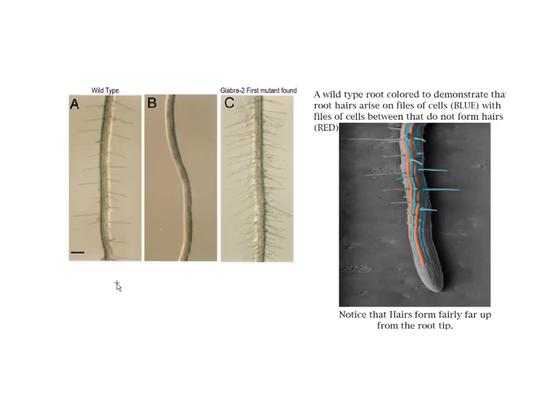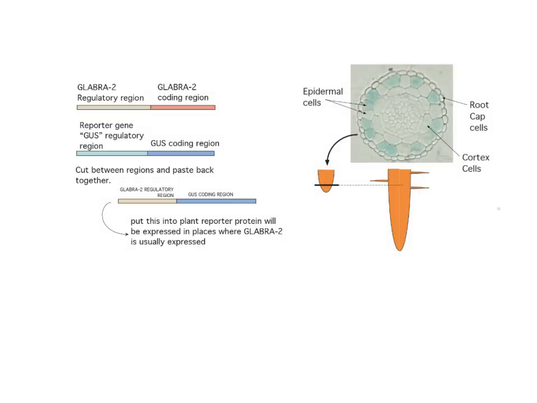So why would some cells on the epidermis form hairs and others not? Well, differential gene expression. But what causes that differential gene expression? Let's look at the pattern of gene expression of this GLABRA gene. Remember, when GLABRA is missing, you have every epidermal cell form a hair.